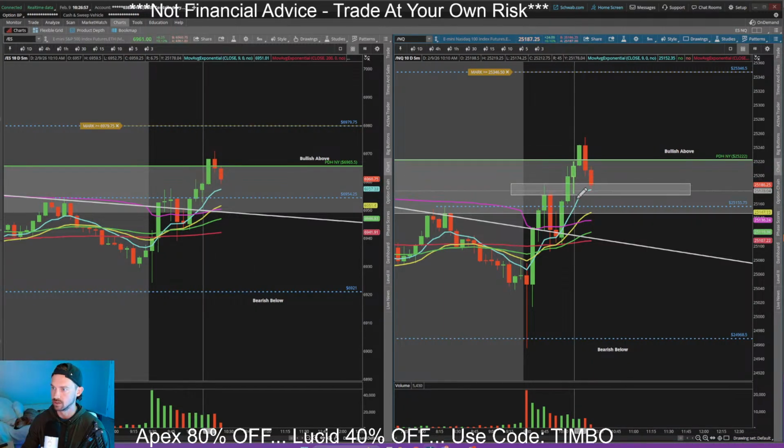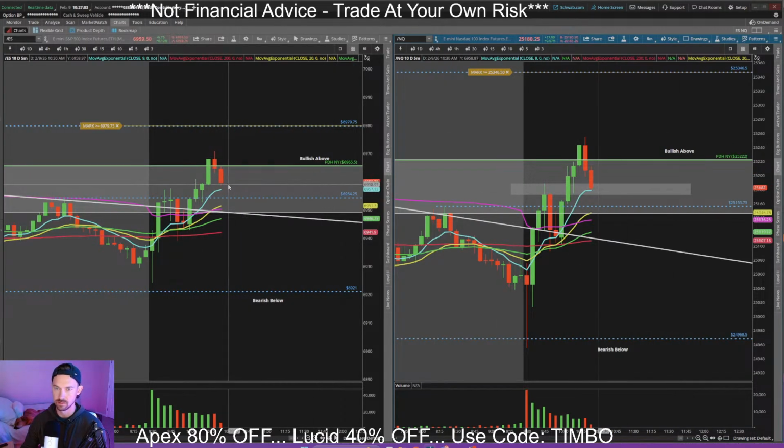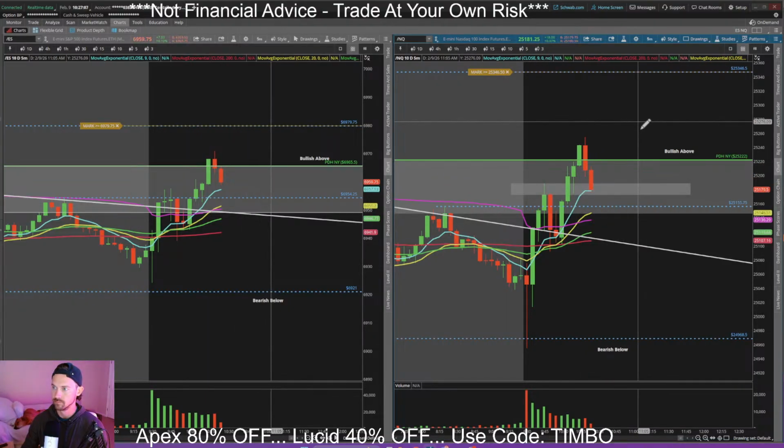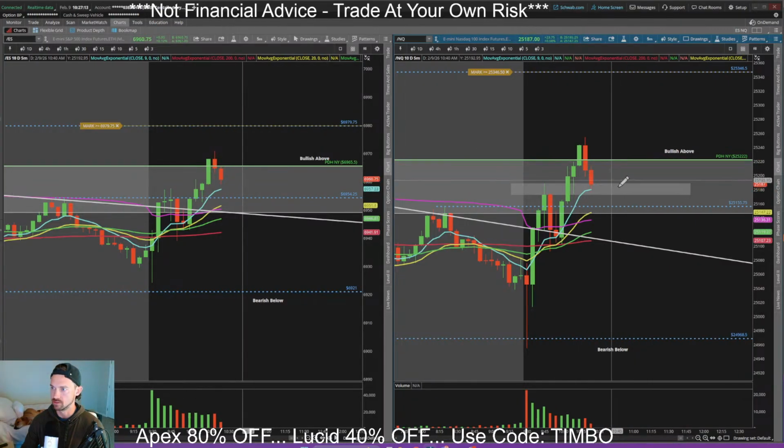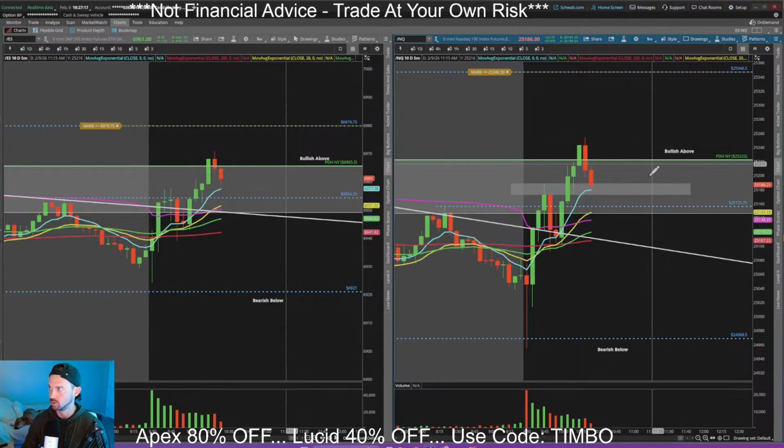We kind of whipped down, then pushed, so some buyers stepped in here last time, and we'll see if they step in again. But overall, I just want to see us back above that previous day high level for continued bullishness today.